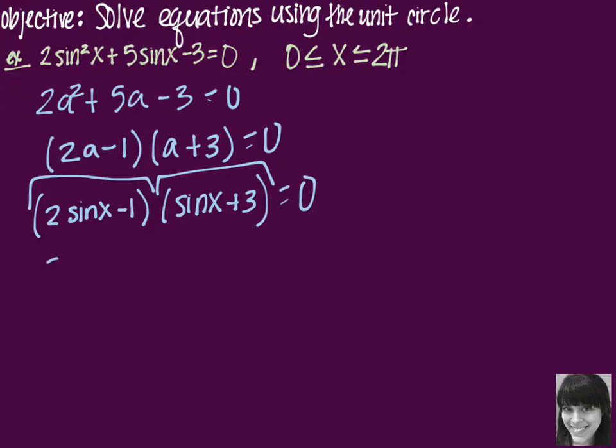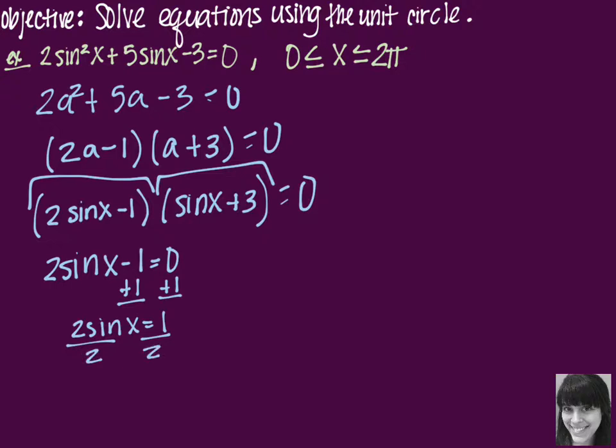So we have 2 sine of x minus 1 equals 0. So I'm going to add 1. And I don't know if you guys show all of this work, but I like to, just in case I mess up and I want to see what I did wrong. So sine of x equals 1/2.